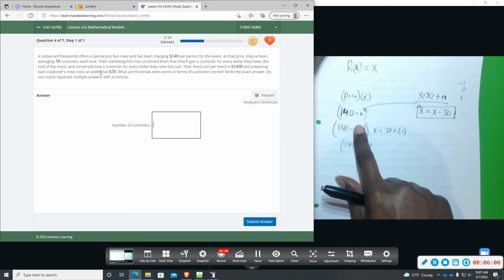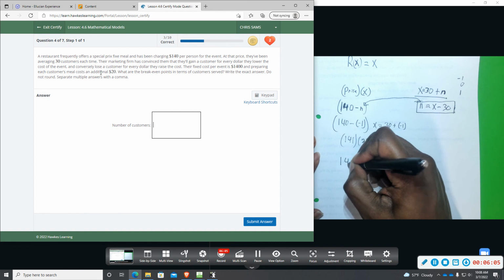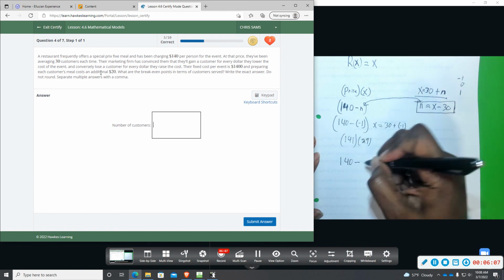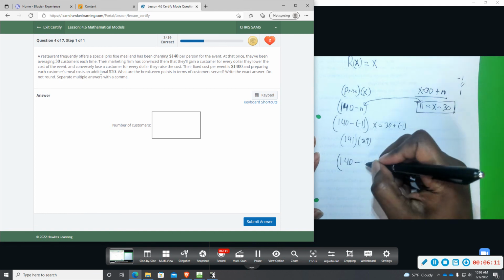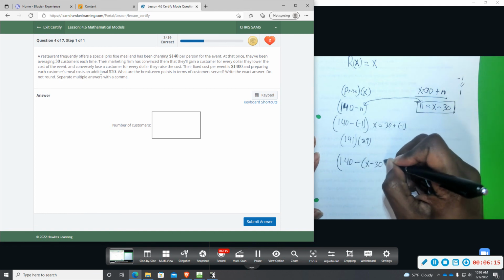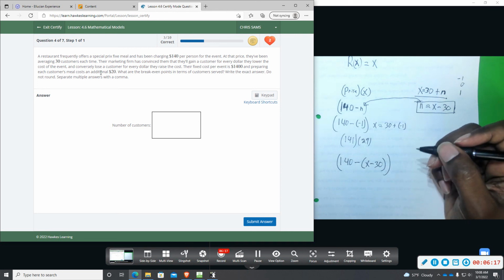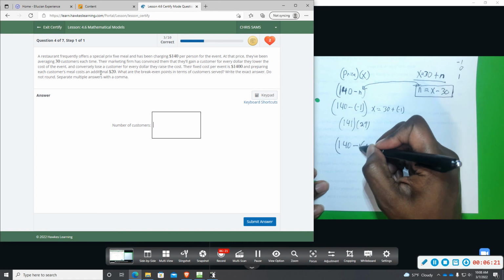So right now, I'm going to simplify this. I have 140 minus n. Now what is n? n is equal to x minus 30. So in parentheses, x minus 30, and this is determining my price. So I'm going to distribute. This minus is acting like a -1.